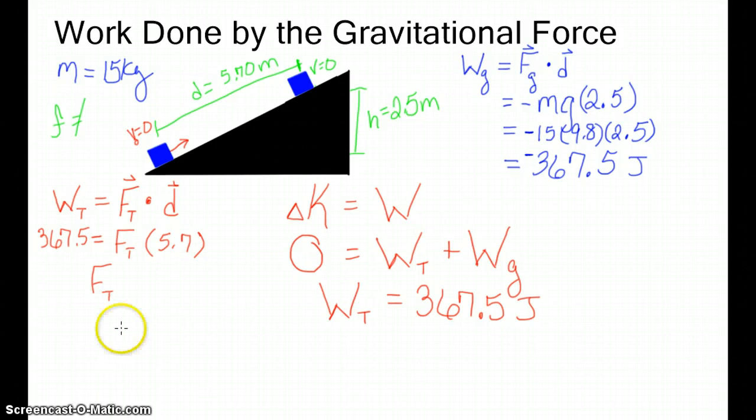If we divide the 367.5 by 5.7, what we're going to get is approximately 64.47 newtons. So that gives us another way, if we need to, to come back and calculate what those forces are.